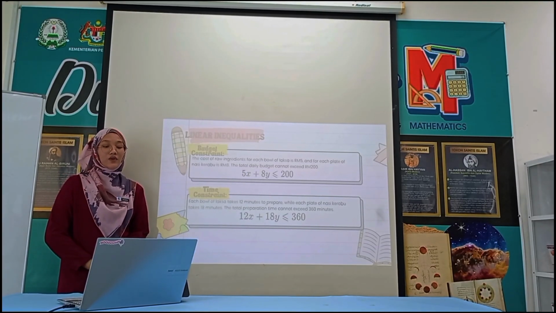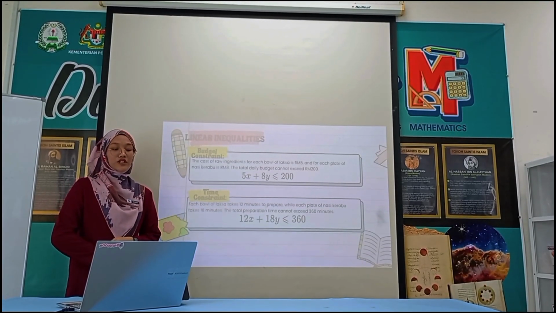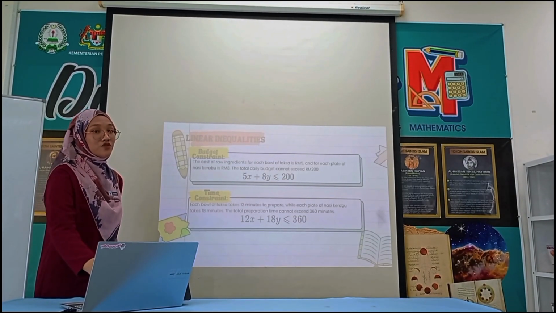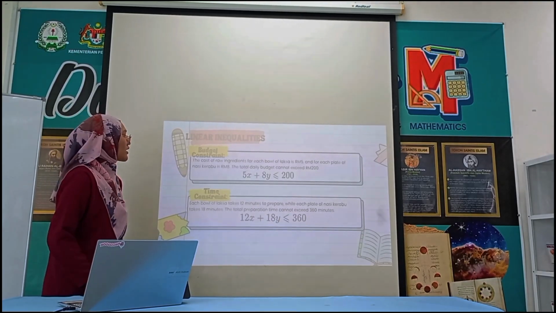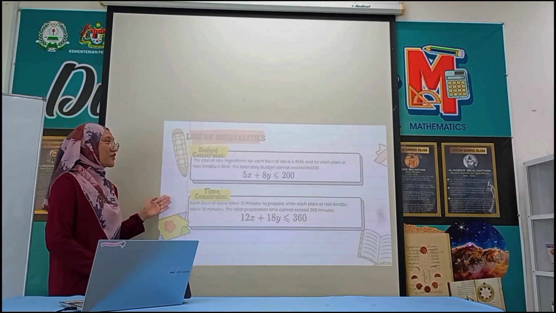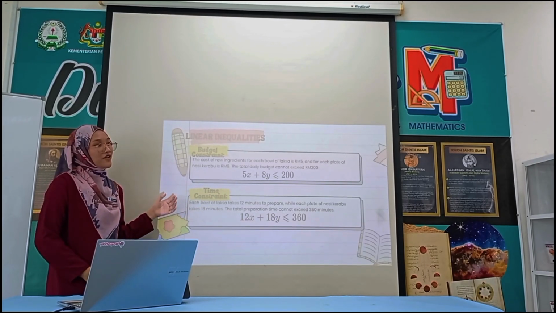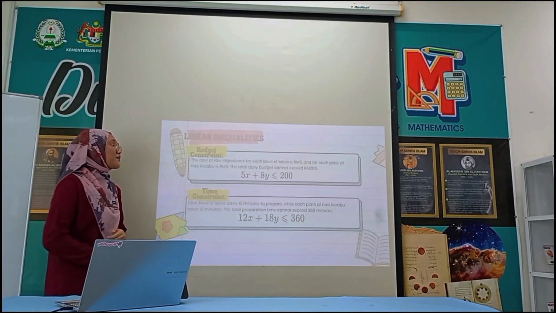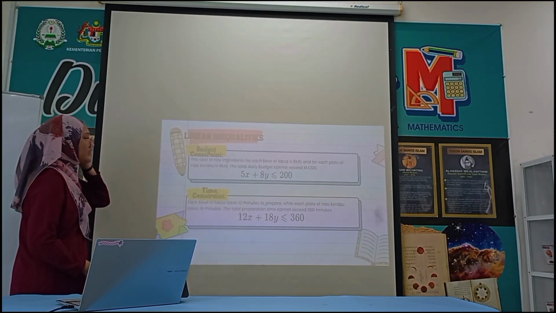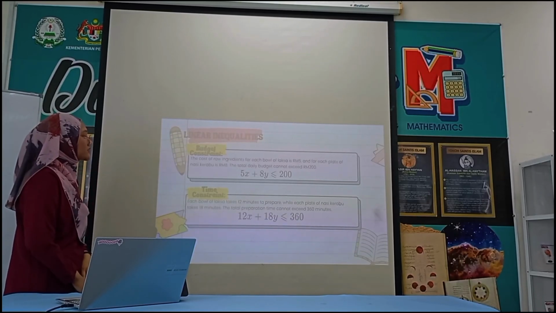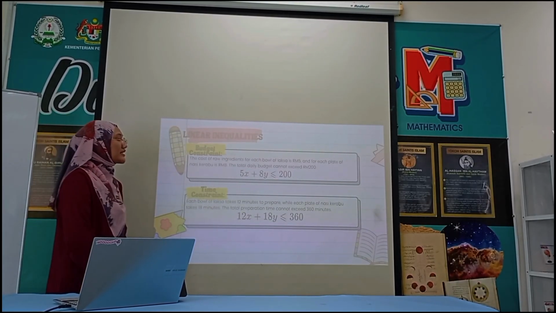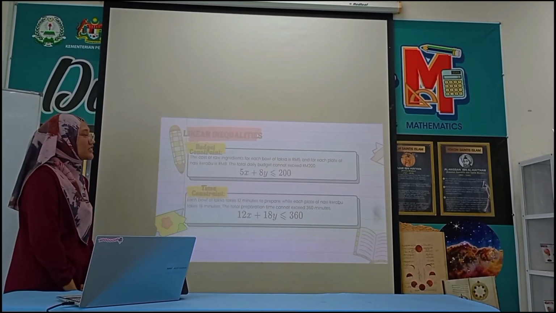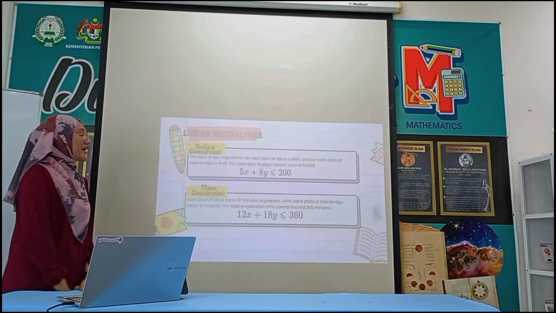We apply linear inequalities to represent the real life limitations faced by Aina in her food business. We can take several constraints from the situation. The first constraint is the budget constraint. The cost of raw ingredients for each bowl of laksa is 5 ringgit, and for each plate of nasi kerabu is 8 ringgit.